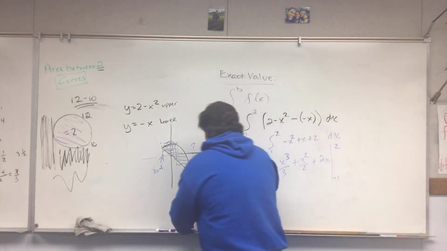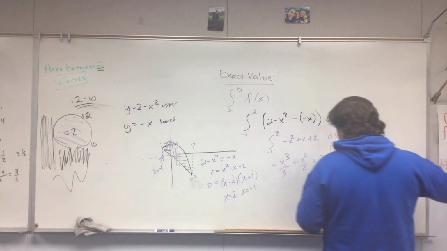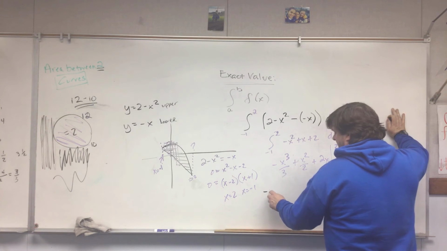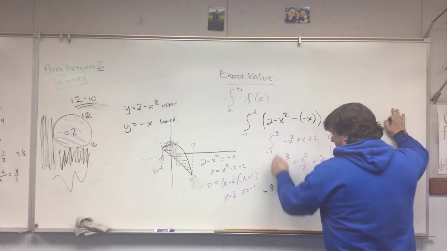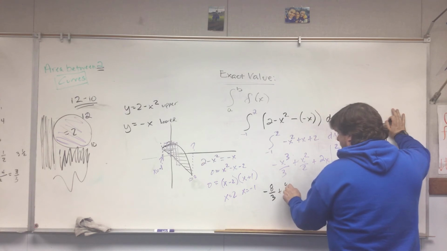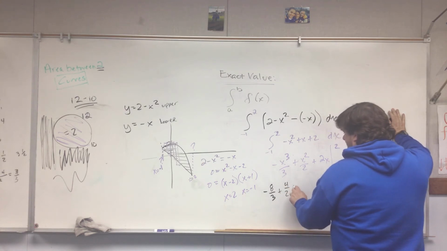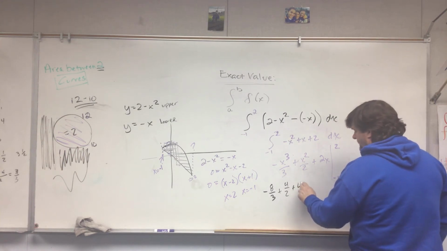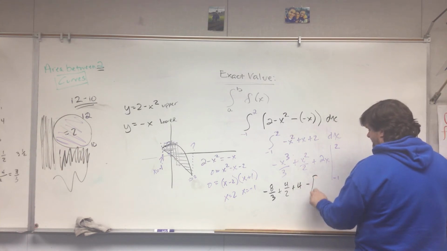So let's start plugging in numbers here. I'm plugging in the 2 right now. We get negative 8 thirds plus 4 halves plus 4. We're going to subtract that.